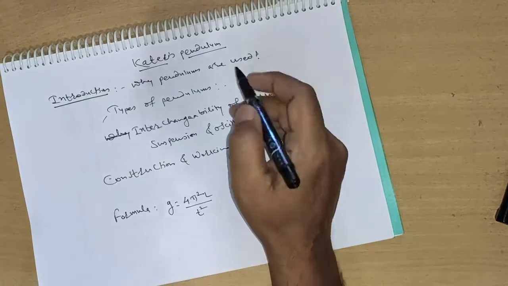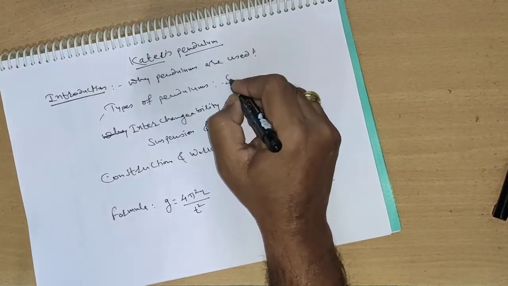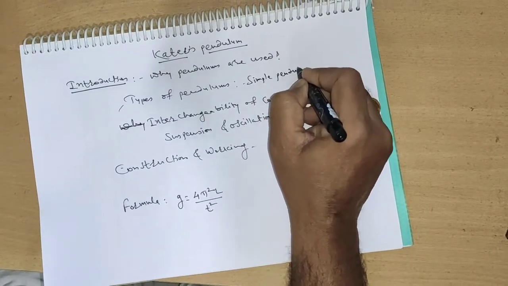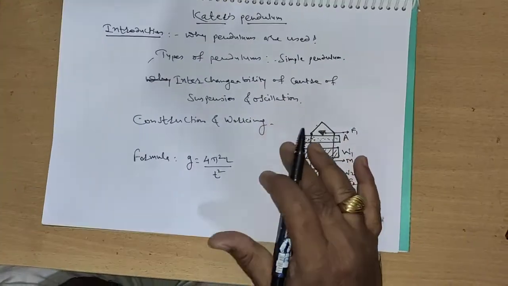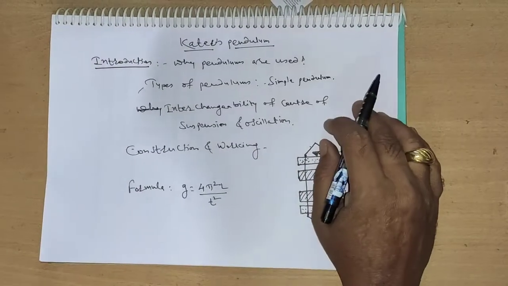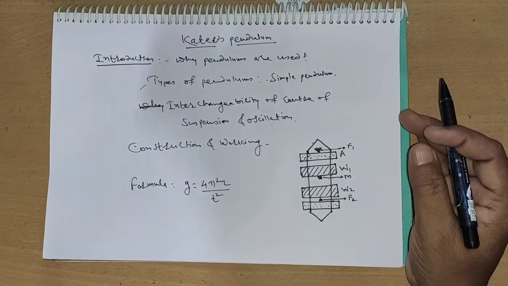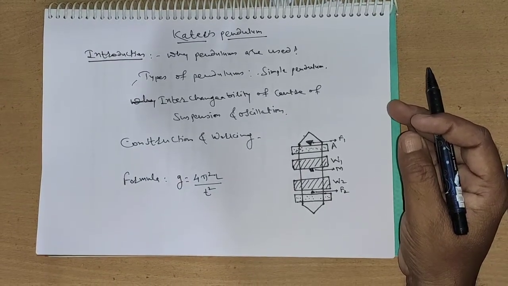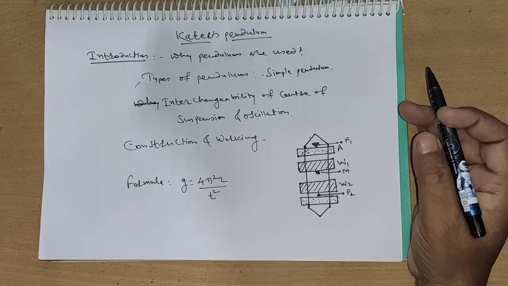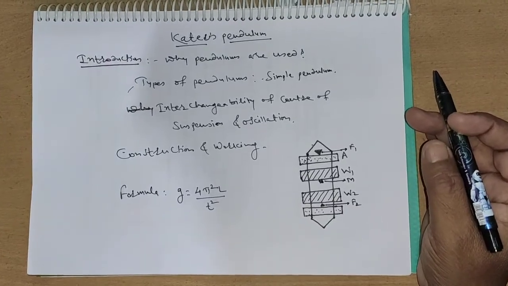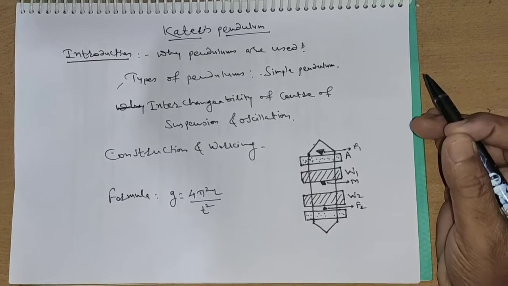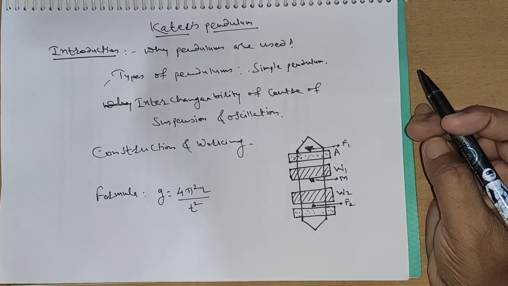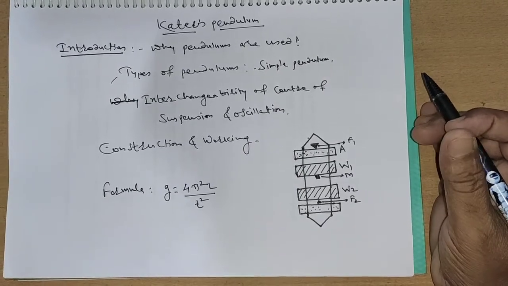What is the drawback of the simple pendulum? A simple pendulum, by its definition, is a point mass suspended from a rigid support by means of an inextensible and weightless string. By the definition we cannot take a point mass, and in practice we cannot take an inextensible and weightless string.